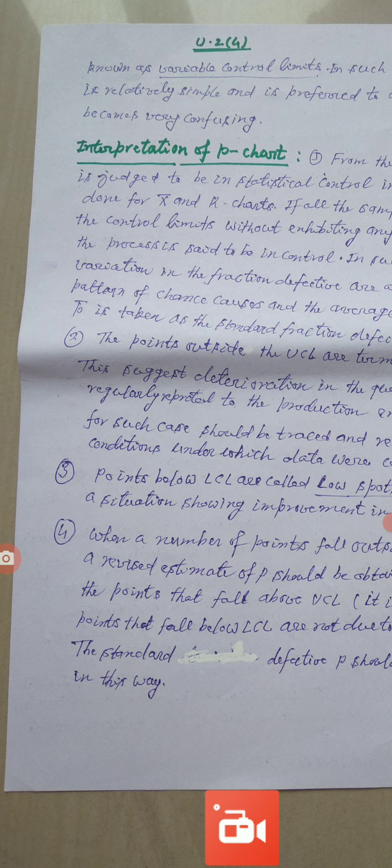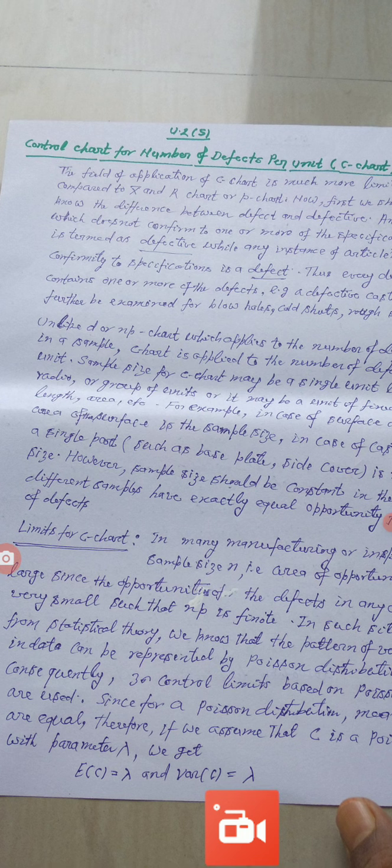Now we will discuss the control chart for number of defects per unit. The control chart for number of defects per unit is known as C chart. Now we will understand where such cases may exist.